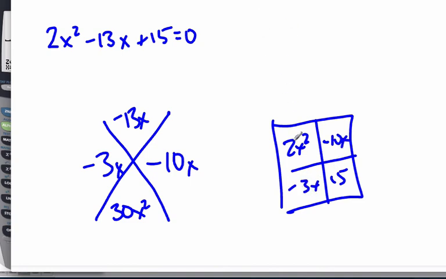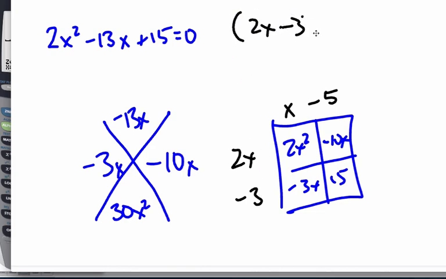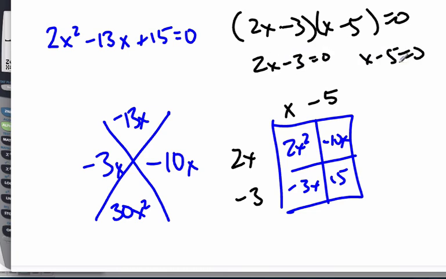We'll start to factor here. I pull out an x. I pull out a negative 5. Going this way, I can pull out a 2x. And here I can pull out a negative 3. And so I get 2x minus 3 and x minus 5 equal to 0. They each equal 0, so 2x minus 3 is 0, or x minus 5 is 0.